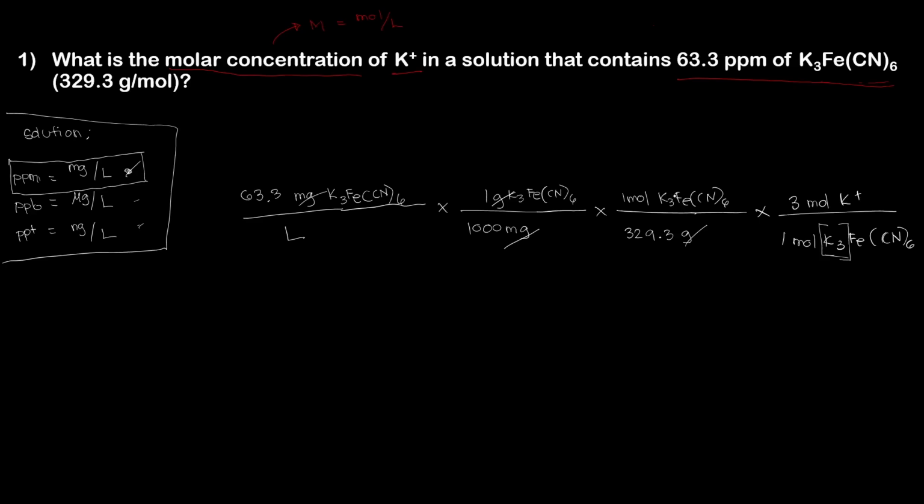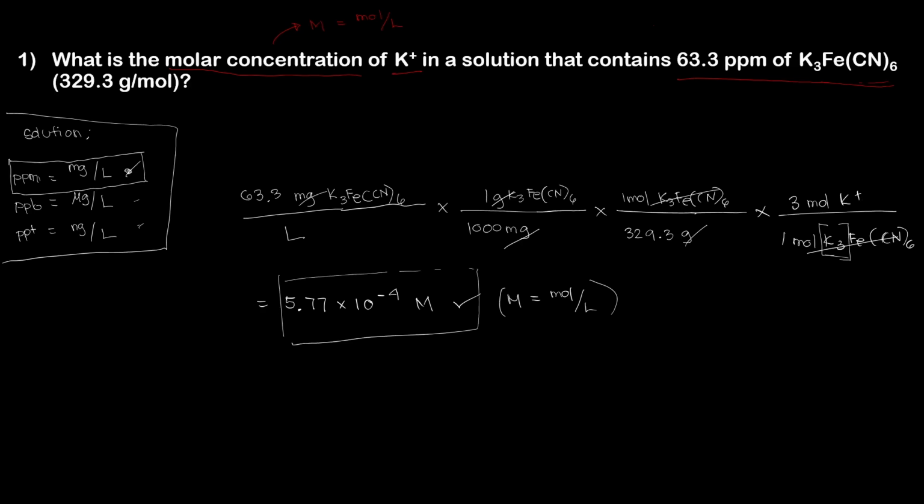Now we can cancel mole K₃Fe(CN)₆, so we're left with mole per liter K+. And we can solve this, and we got 5.77 times 10 to the negative 4 molar. Molar is the same as mole per liter, and this is mole K+ per liter. So that's it.